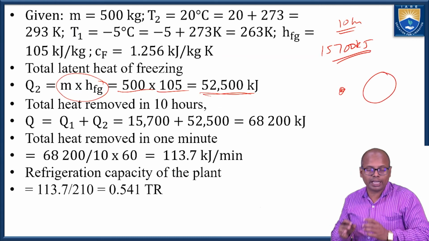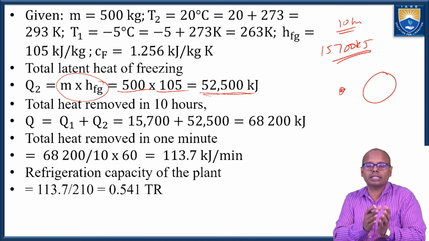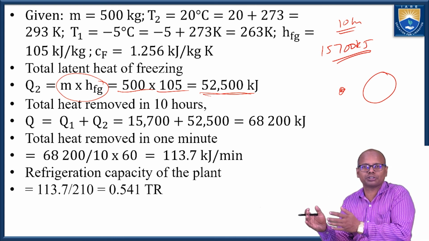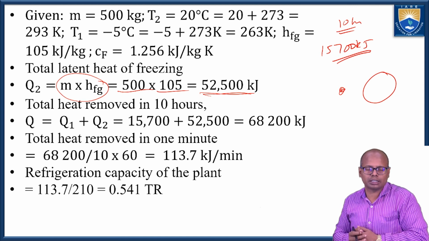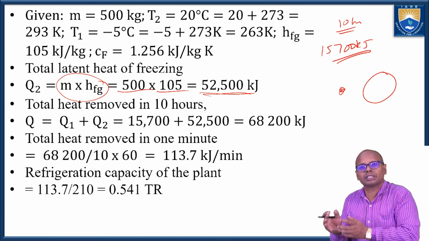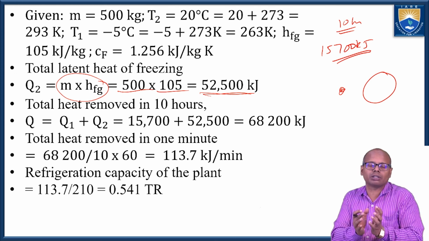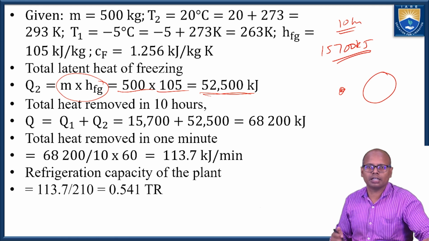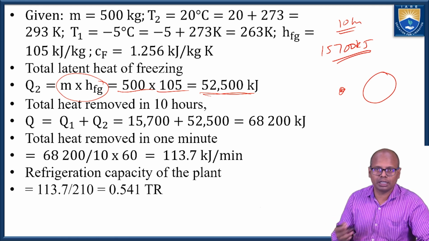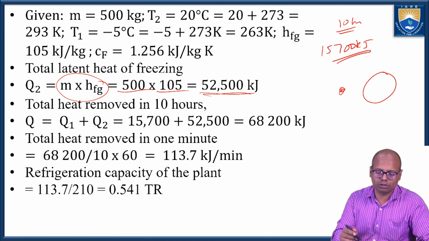So the two aspects here are, one is to change the temperature from 20 degrees to minus 5 degrees, and in the process at 0 degrees centigrade there is a change of state happening, because whatever liquid content is in the fruits is becoming solid. So at that time the amount of heat removed is equal to this.